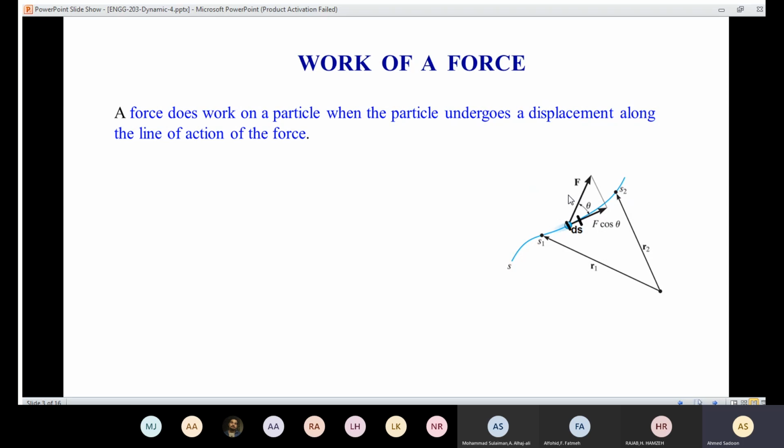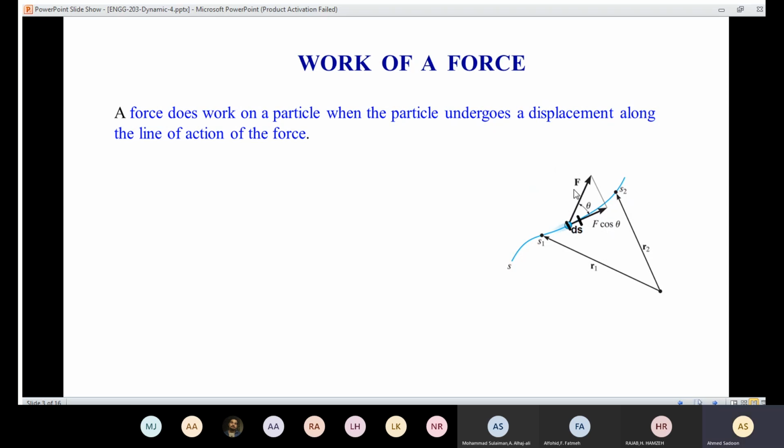Sometimes we have an angle between the direction of the displacement and the force. In that case, I need to determine the component of the force along that line. Here, the component of the force along the line of the displacement is going to be F cosine theta.